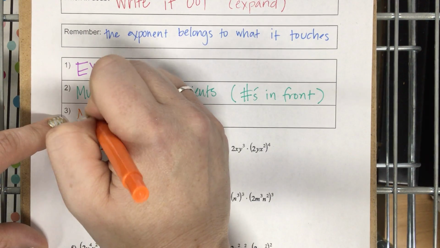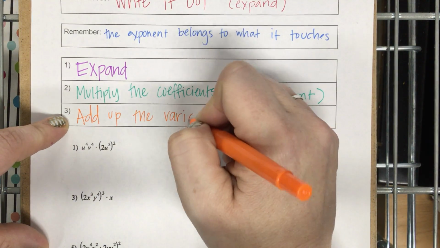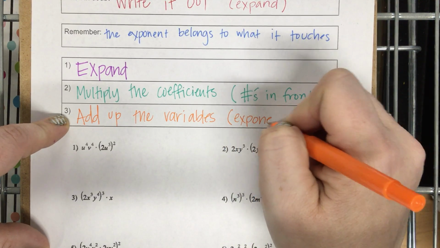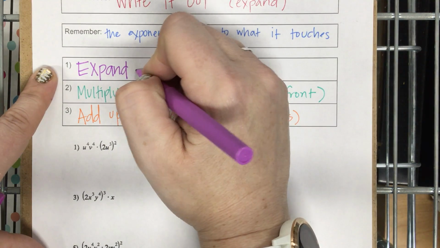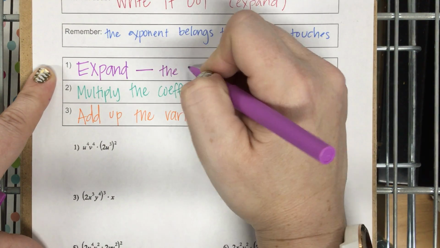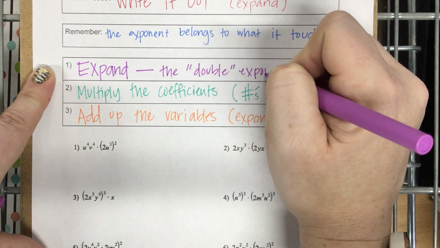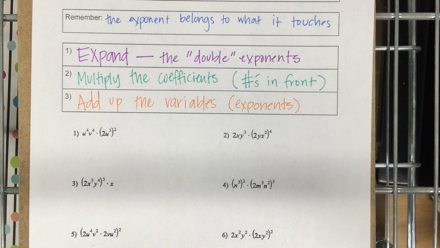And then you can add up the variables, which are the exponents. So what we need to maybe go back and say is expand the double exponents, and I'm going to show you what that means. So we have these 3 rules: expand, multiply the coefficients, add the exponents.